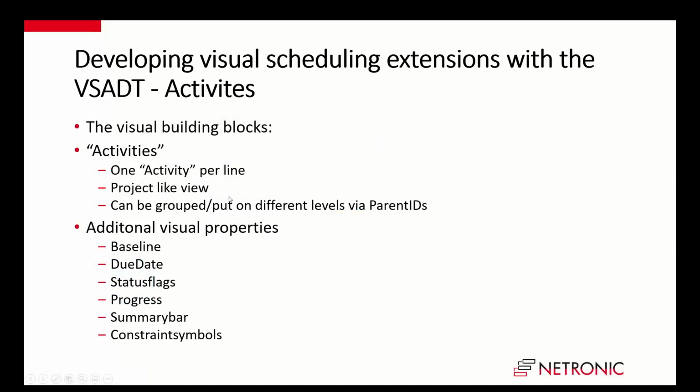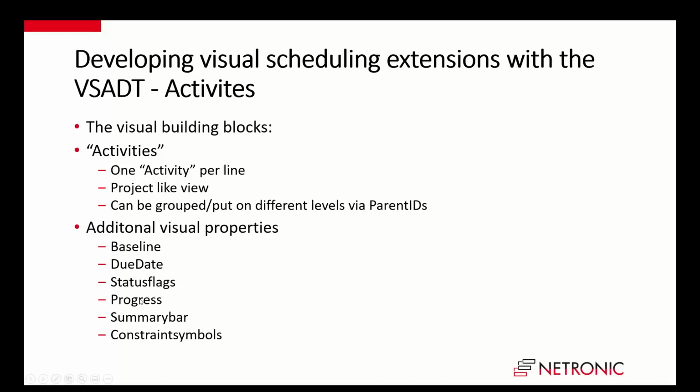So we have this project-like view, and activities can be grouped. So you have then a parent activity with sub-activities which are the children. By this you can build up your hierarchy of different activities you want to show and the user should interact with.